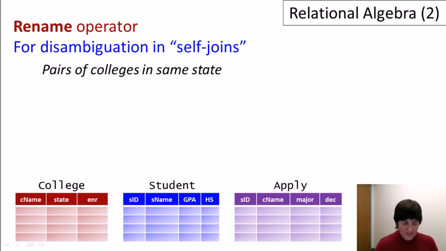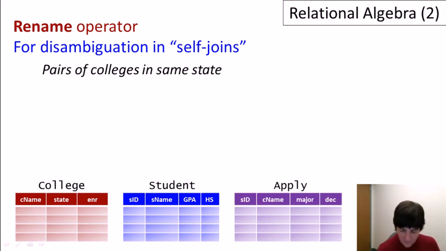Now, the second use of the rename operator is a little more complicated and quite a bit more important, actually, which is disambiguation in self-joins. You probably have no idea what I'm talking about when I say that, but let me give an example. Let's suppose that we wanted to have a query that finds pairs of colleges in the same state.